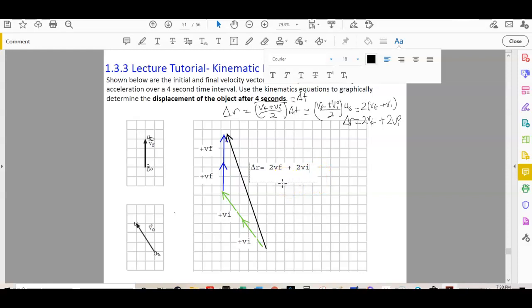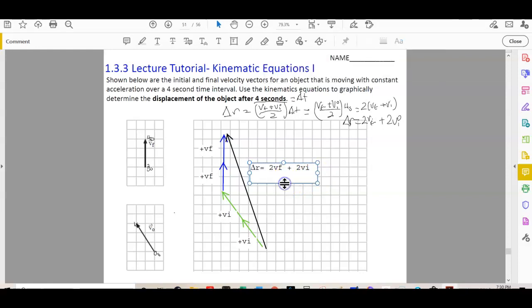Okay, and in this case, this is our resultant vector of this.